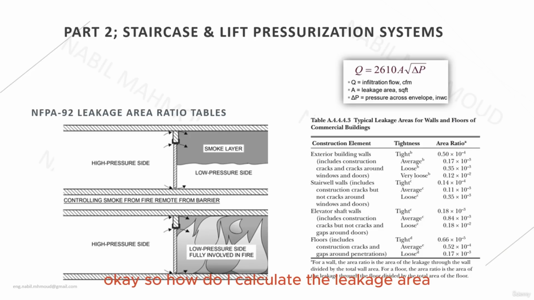Okay, so how do I calculate the leakage area? If you refer to table A.4.4.4.3, which is titled typical leakage area for walls and floors of commercial buildings, you can find tabulated values for the leakage area. This table consists of three main columns. The first column is the construction element you need to calculate the leakage from.